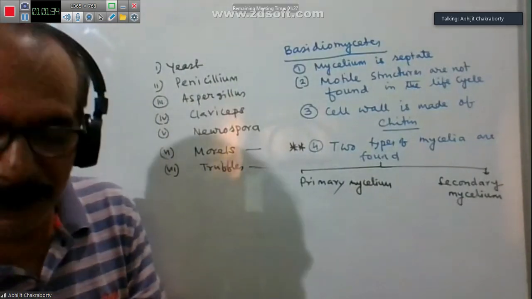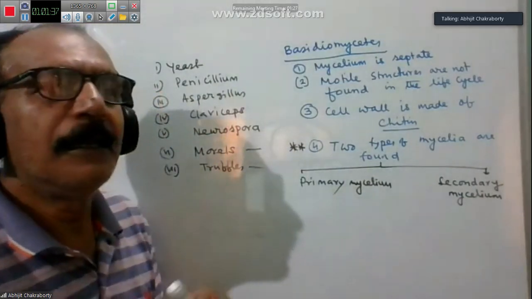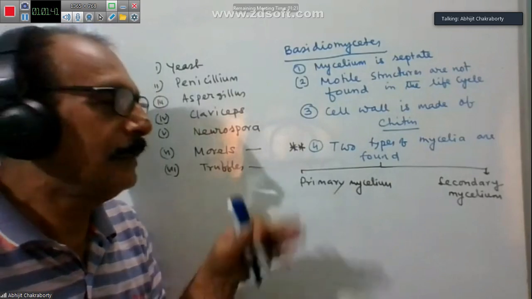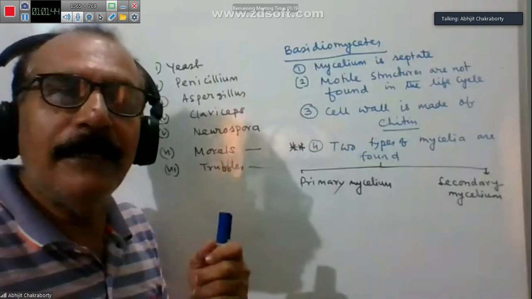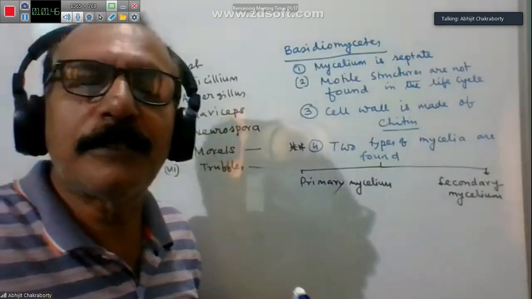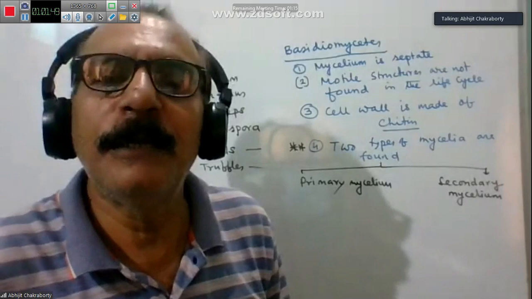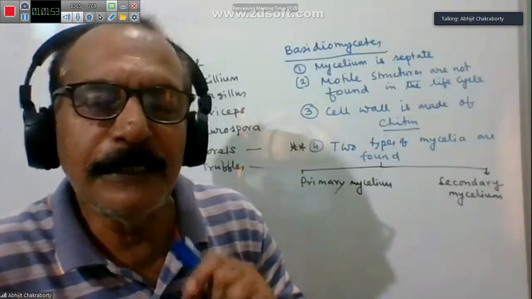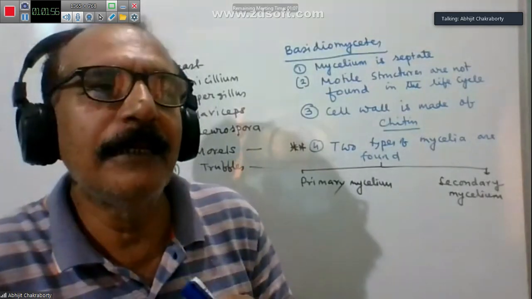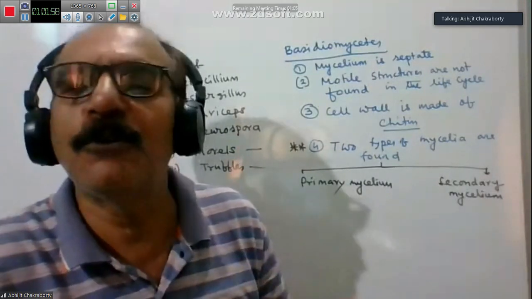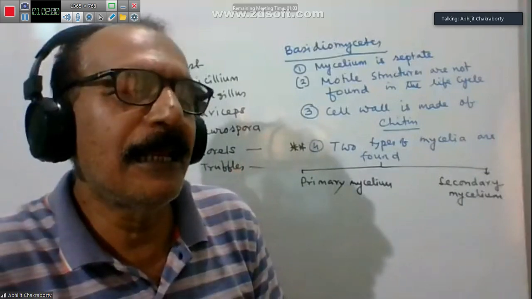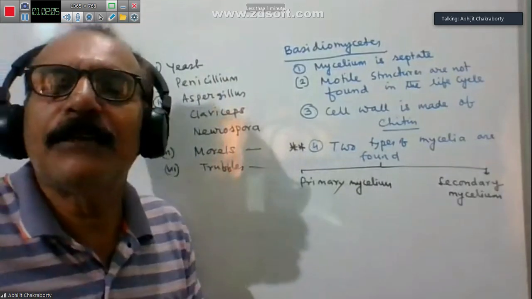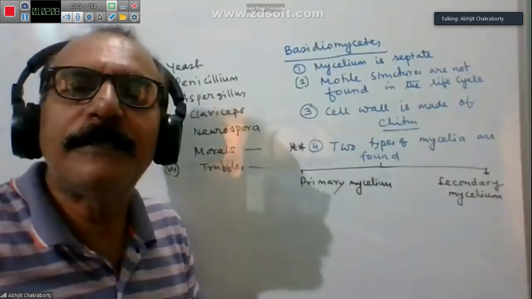Primary mycelium means the normal mycelium found when the life cycle begins. Secondary mycelium occurs during sexual reproduction when plasmogamy is not immediately followed by karyogamy. A dikaryophase is developed, and some growth occurs, so mycelial structures develop. Such mycelium developed in the dikaryophase is called secondary mycelium.